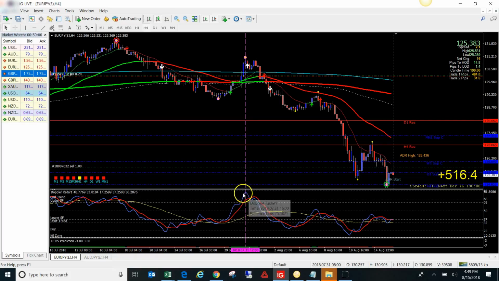You're looking for this to be overbought or oversold, and sometimes it doesn't even have to be above the 68 level, but you just need to pay attention to where price is around this yellow market baseline. But right here in this case it was overbought, so once it crossed down here, that was a good sell signal. So anytime you get that blue line crossing down, that confirms the sell, right?